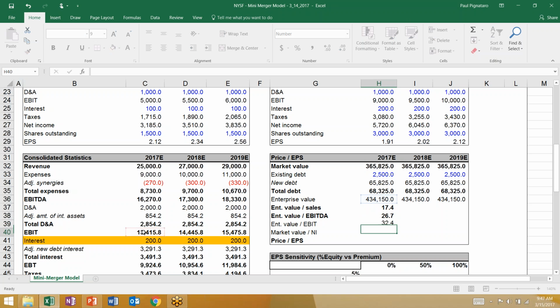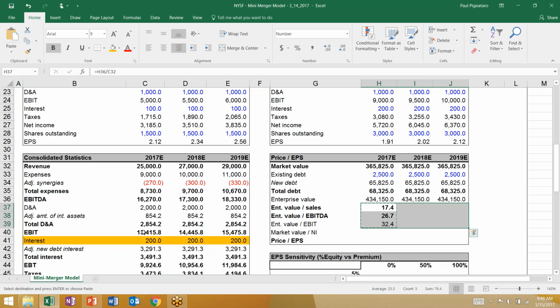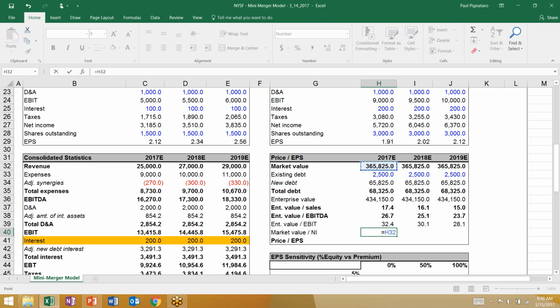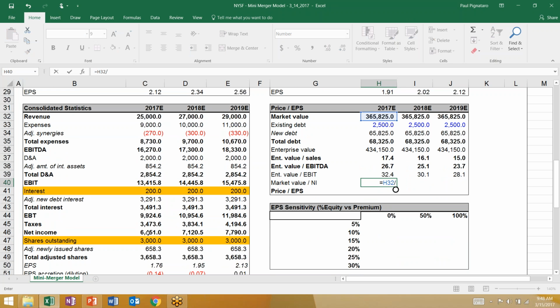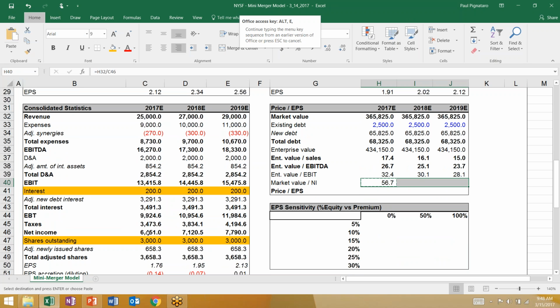Divided by EBIT. Okay? And with market value, just like you did above. So what I'm going to do is, it would take a few minutes to get this and try to back into my numbers, try to match my numbers. Putting together multiples, you should know how to do at this point.